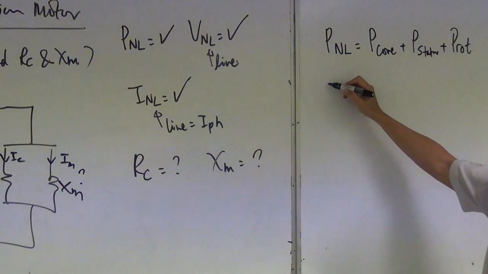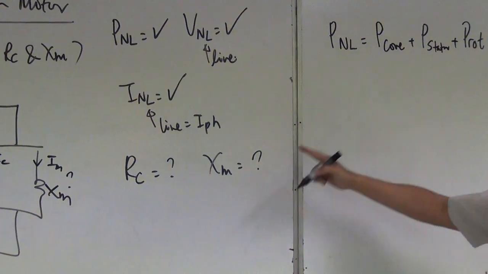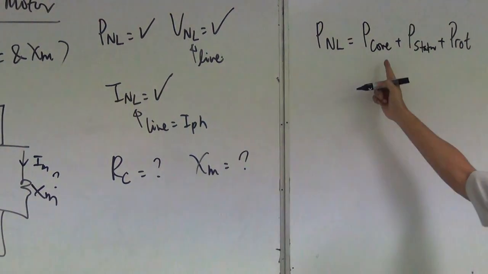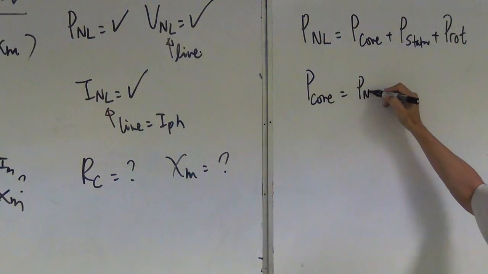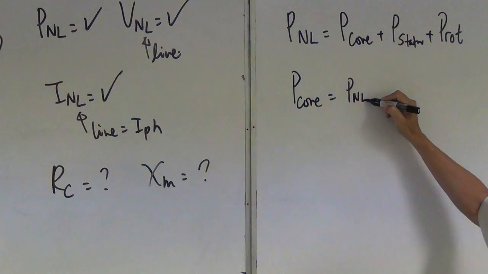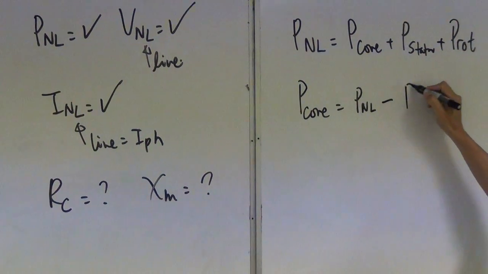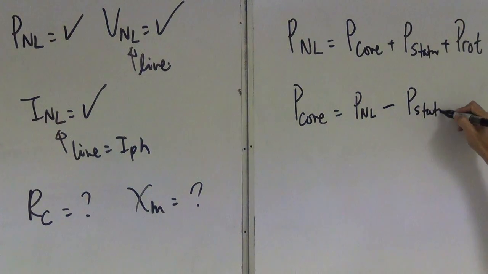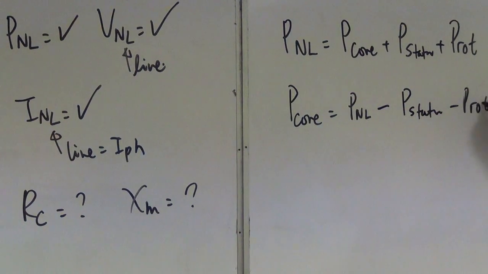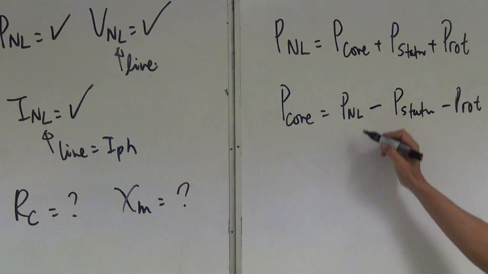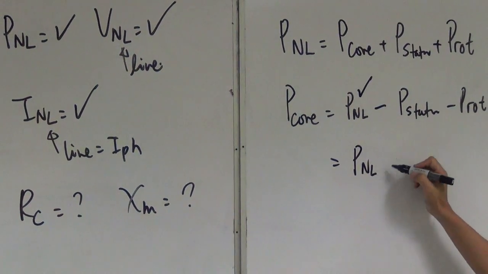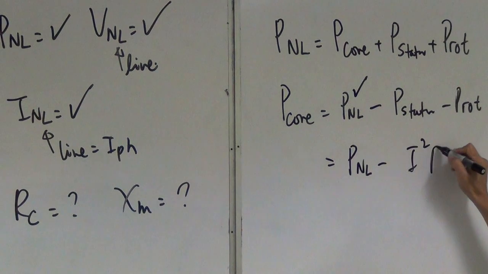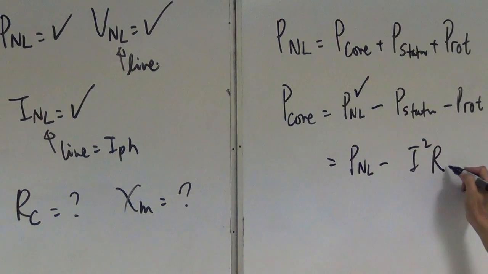And remember that we are interested in RC, so we need to know the core loss power. So the core loss power is the no-load power minus the stator loss power minus the rotational loss power. Okay? Alright, we know this value. Stator loss is the I square R. Which R? RS, right?